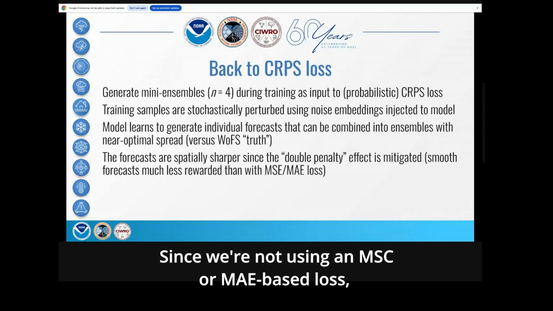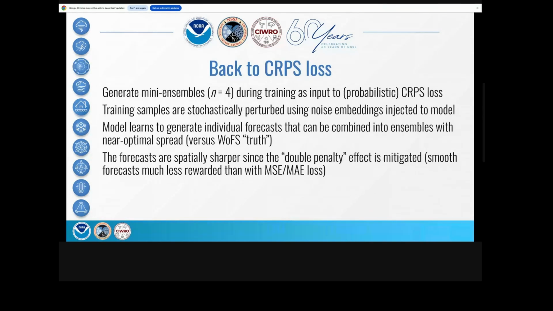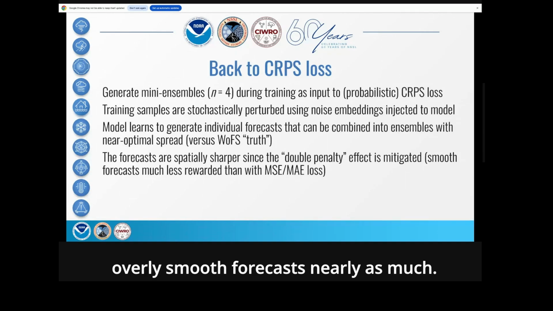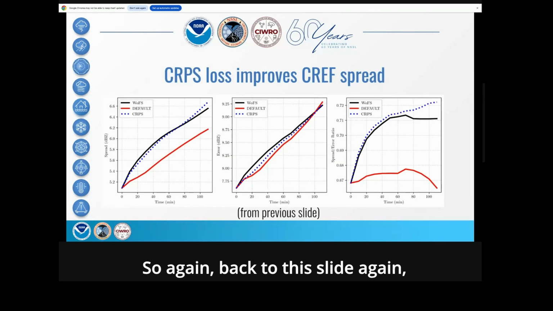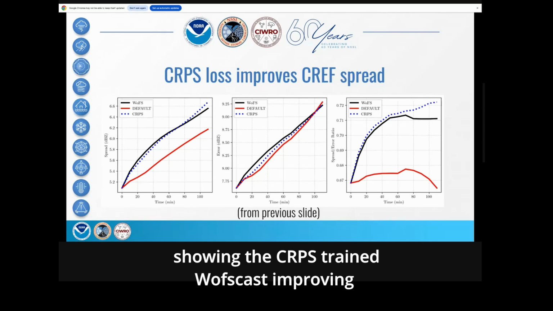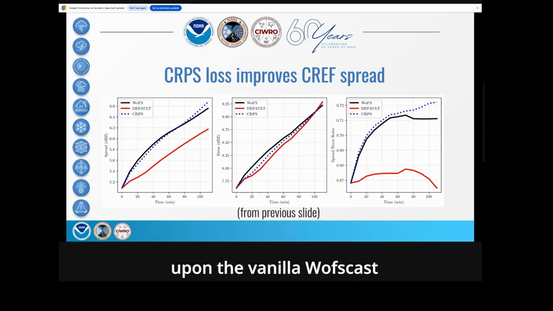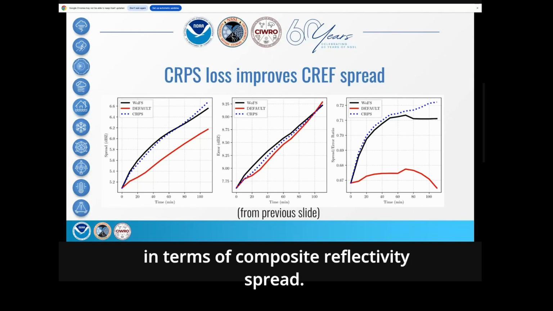Since we're not using an MSE or MAE based loss, we're no longer rewarding overly smooth forecasts nearly as much. So again, back to this slide showing the CRPS trained WoFSCast improving upon the vanilla WoFSCast in terms of composite reflectivity spread.